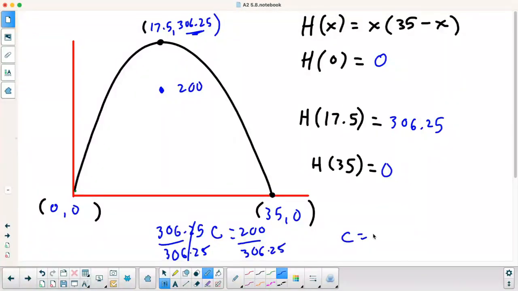And I would get 0.653 approximately. So I would put that in the front. If I wanted to change it, I could change it to 0.653 x times 35 minus x. That would give me my function there. All right.